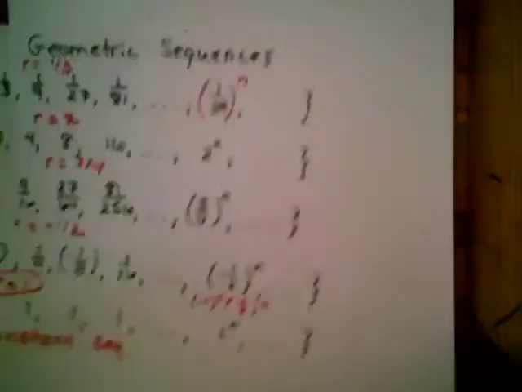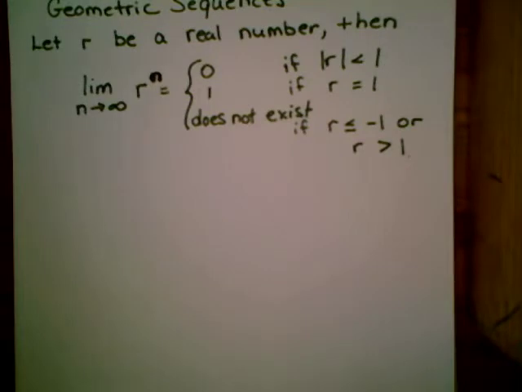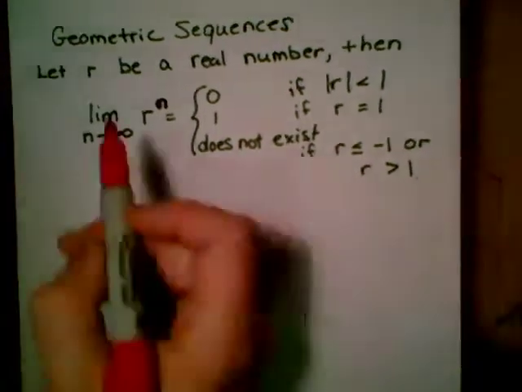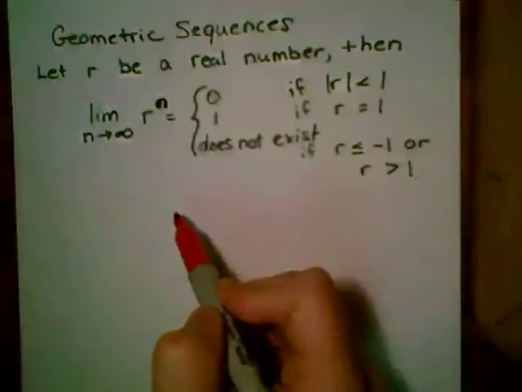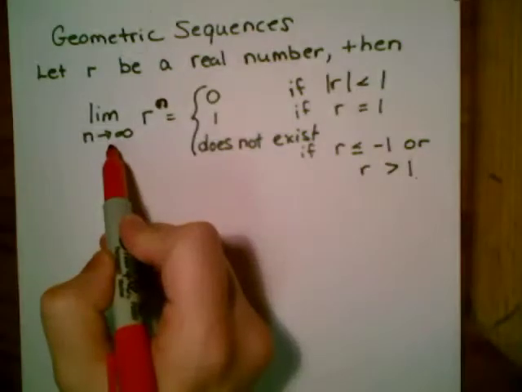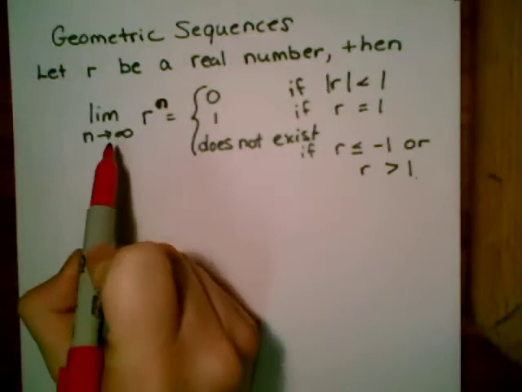So let's move to a little more general description of geometric sequences. We've been talking about common ratio r, so let r be a real number. Then we can decide upon convergence depending on the base r, the common ratio.